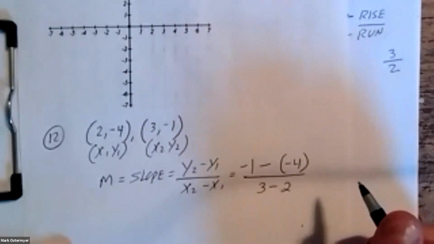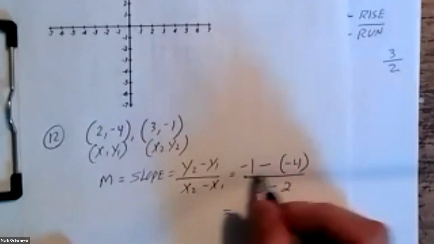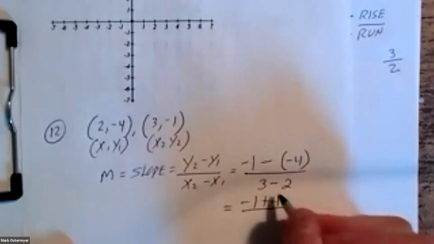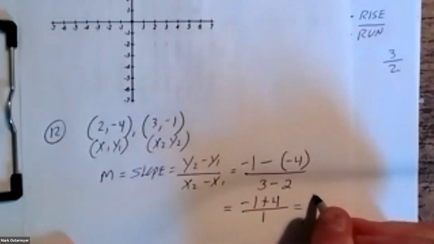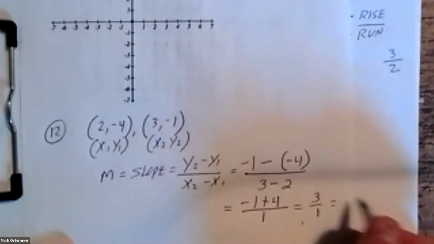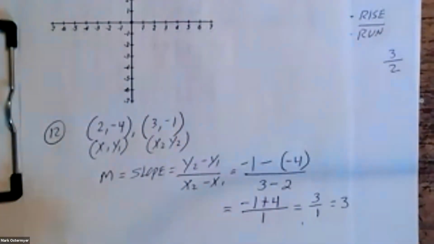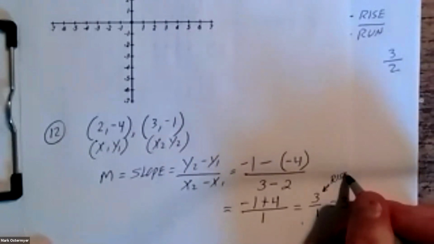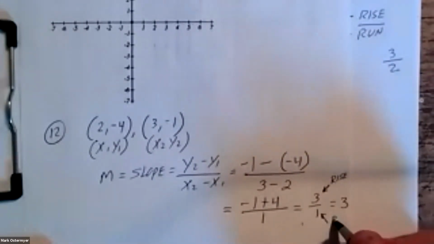So this is going to be the slope of our line. -1 subtract a -4 is -1 plus 4. 3 minus 2 is 1. And so we have 3 over 1. Later on, we would say the slope of this line is just 3. So the slope of that line is 3 or 3 over 1. That's saying for every 3 units of rise, you experience 1 unit of run.